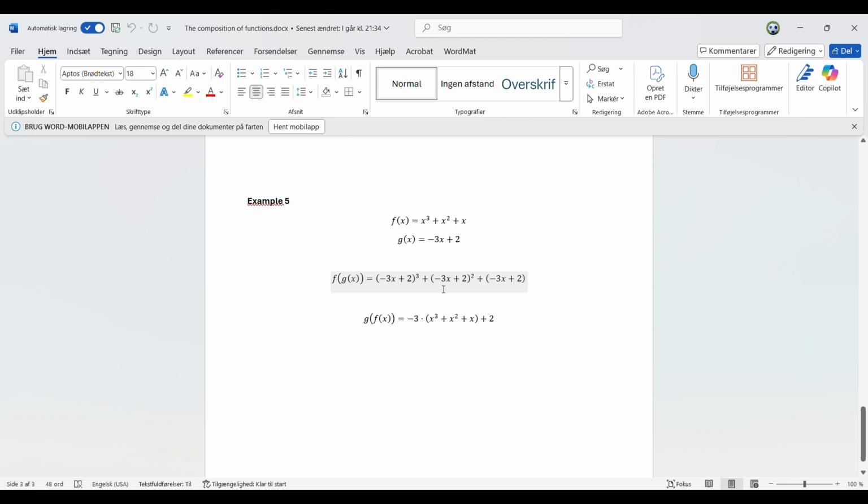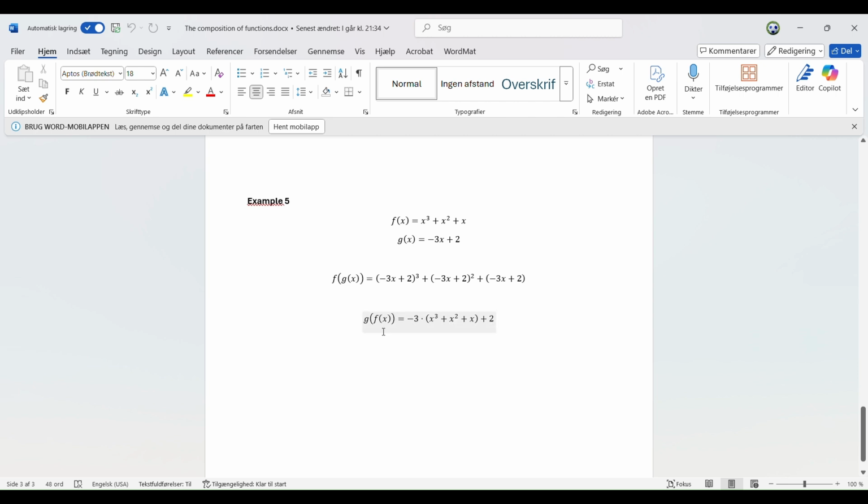That becomes minus 3x plus 2 raised to the power of 2, and also inside brackets. And we have the last one where we just replace our x here by minus 3x plus 2. And that is like this. We could expand all these brackets if we wanted to, but it's just for seeing the composition this time. So we have put our inner function onto all of x's places up here.